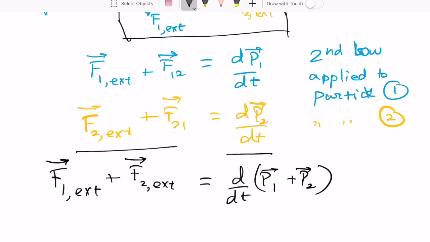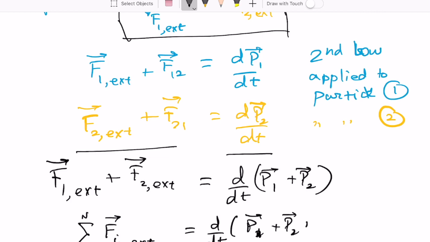You would get the net external force, the summation of Fi external, so that's just F1 external plus F2 external and so on, is going to be equal to d/dt of P1 plus P2 plus P3 and so on. That's what would happen for n particles.